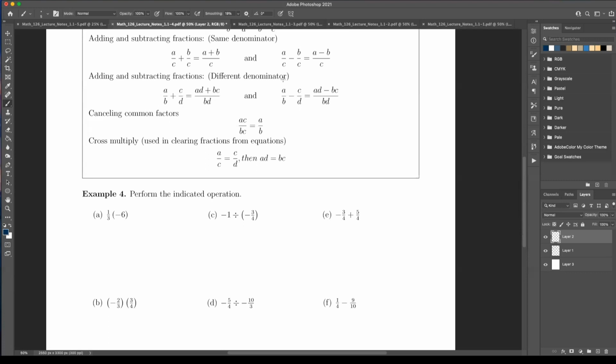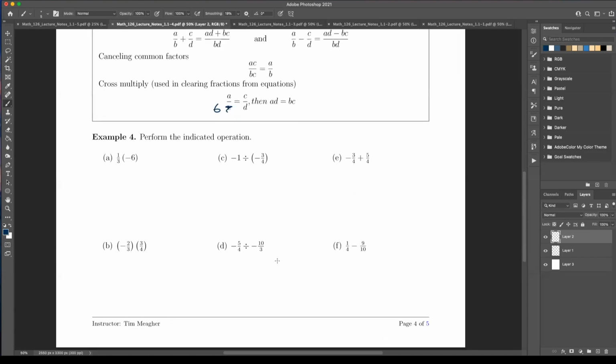Cancellation property exists for a lot of things, but not for everything once you get really deep into math. If a over b equals c over d, this is cross multiply, right? Where you just multiply this times this and this. There is an error here. Woohoo! This should be a b, guys. Sorry about that. Please make that correction. b times c.